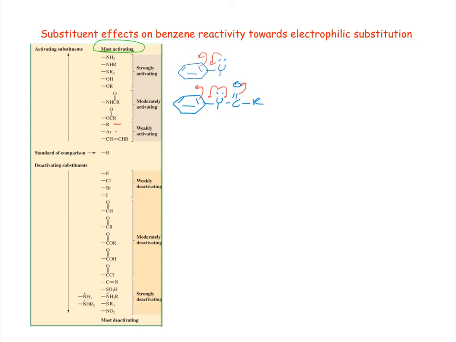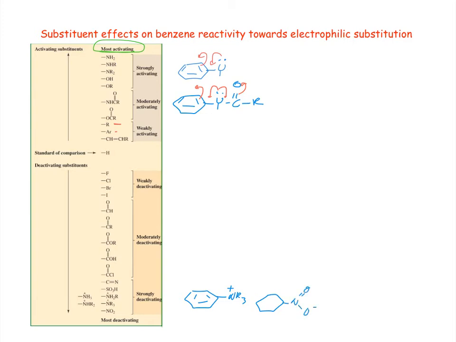Let's go clear down to the other end. The strongly deactivating groups are things that have some nitrogen like this. A lot of them are with some nitrogen with a plus on it. That can be some kind of quaternary ammonium species or the nitro group.